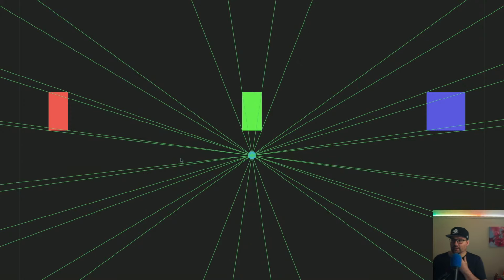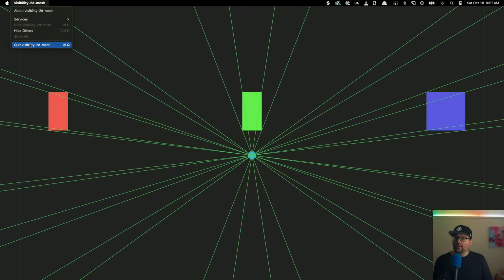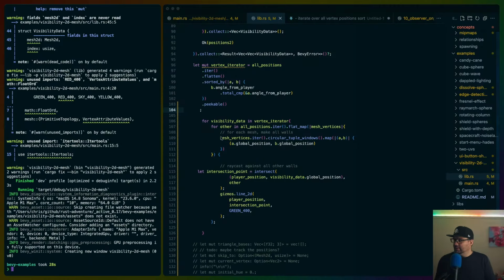Right? These are literally all of our lines. They are not line segments. They are just all of the lines for all of the vertices for all of the positions that we could be raycasting against. Realistically, we only want one section of this, so probably line 2D is the wrong thing to use for the gizmo, right?